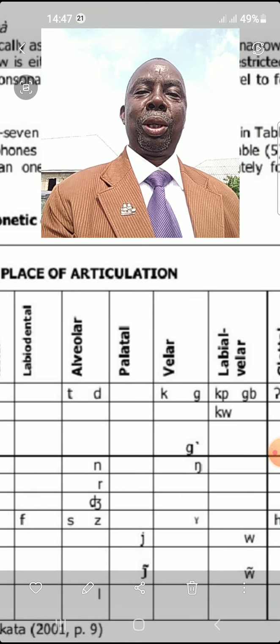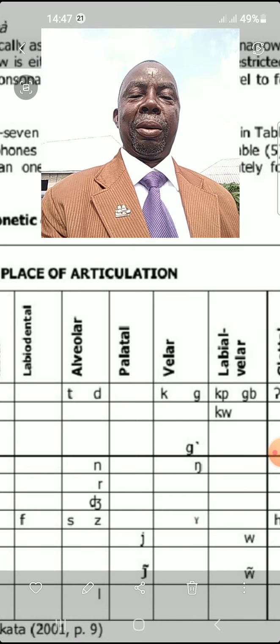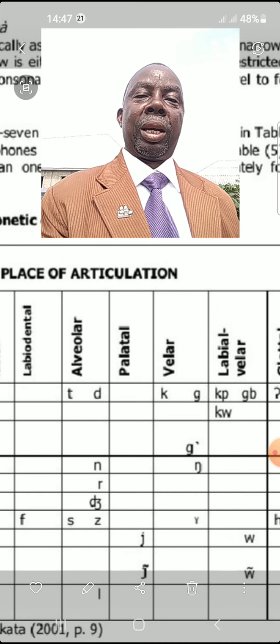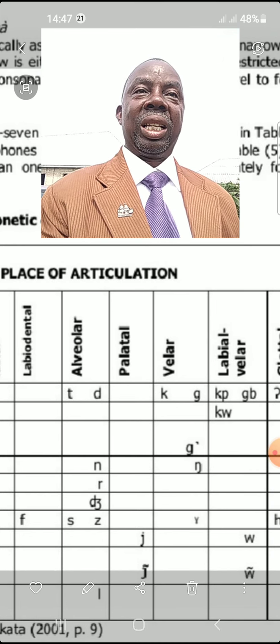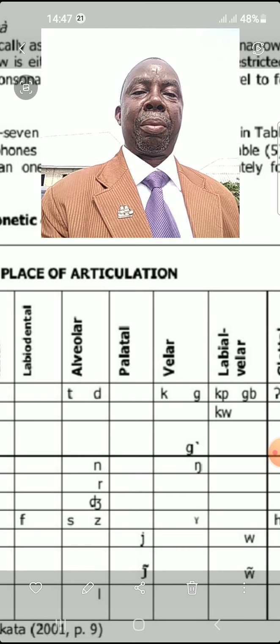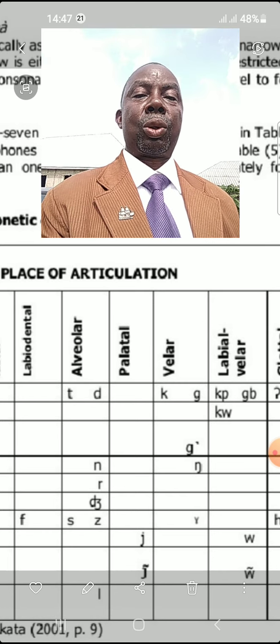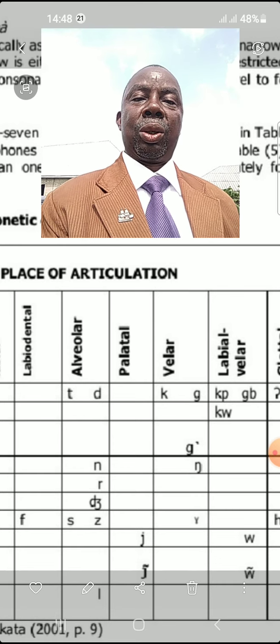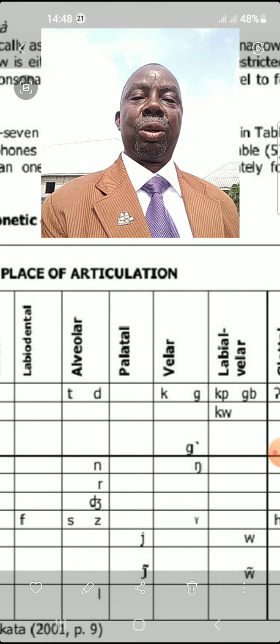So today we are going to be concerned with a consonant sound and a consonant letter. Let me first of all give you the definition of a consonant sound.